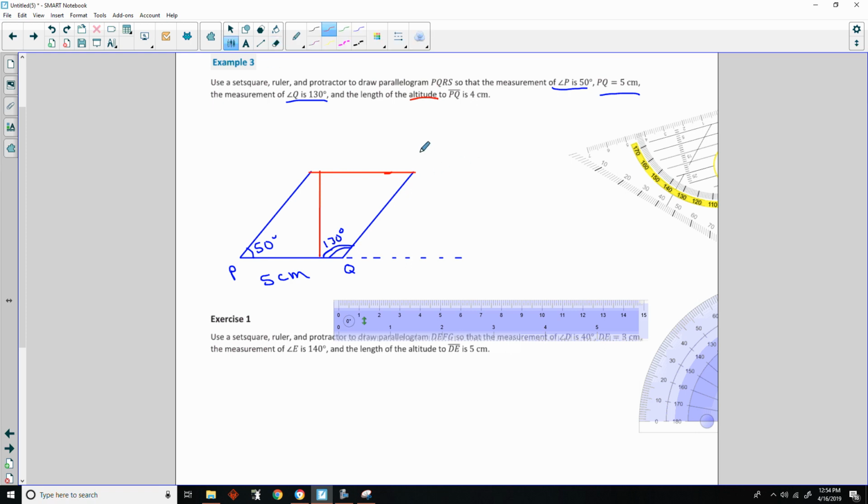And there we go. So the altitude was 4 centimeters. And there is my parallelogram PQRS. So angle R is 50 degrees and angle S is 130 degrees. So there is my parallelogram.